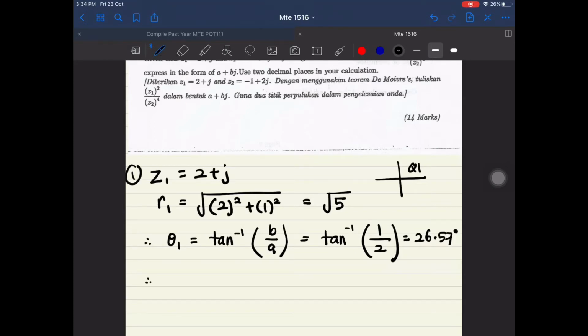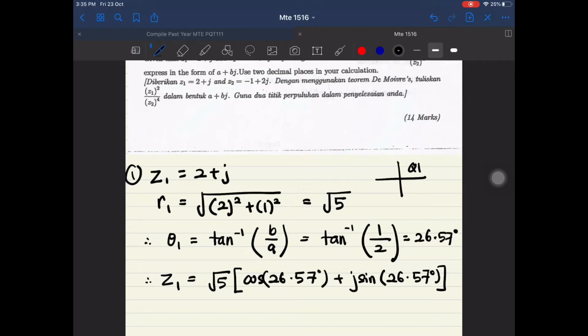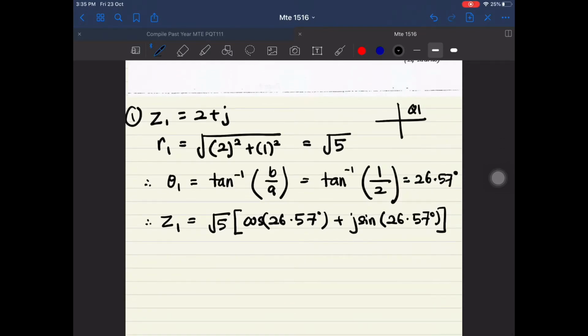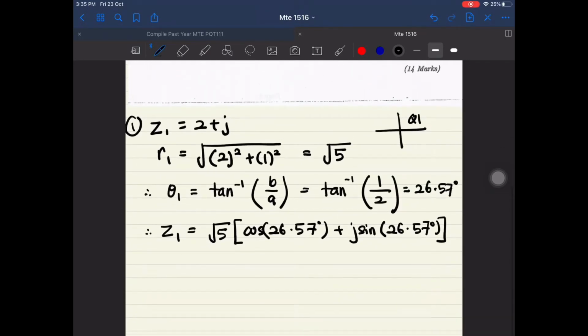So therefore, in polar form, you can express your z1 is equals to square root of 5 cos 26.57 plus j sine 26.57. Okay, so next, what is your z1 squared?